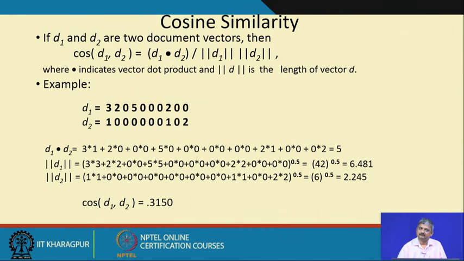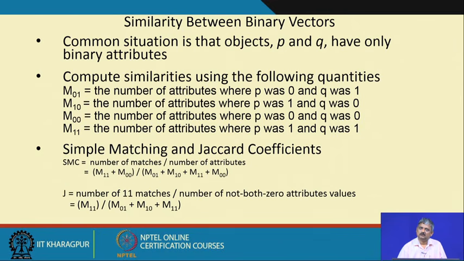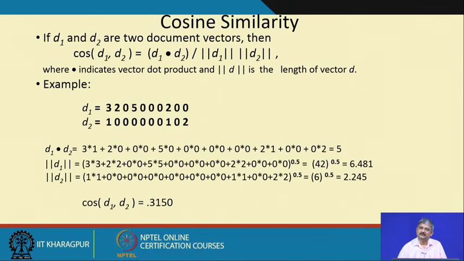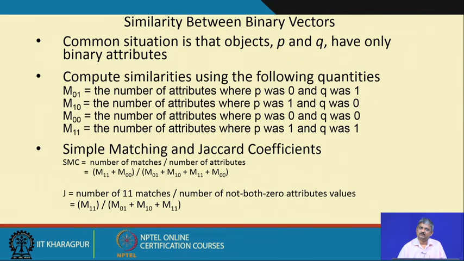Cosine similarity: as if these attributes are vectors, cosine similarity is nothing but the cos of the angle between them, using the dot product. You can use this for anything. A similar thing is the Jaccard coefficient.